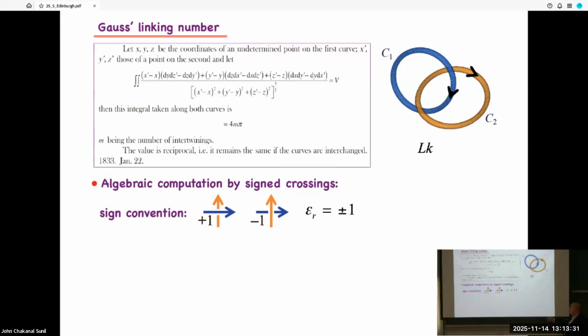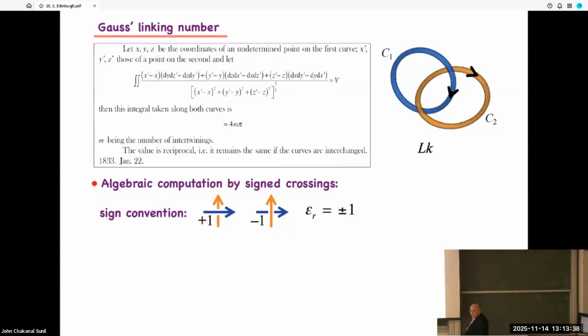You set a convention, plus or minus 1, according to the orientation of the curves, and then you can prove a formula that is very easy to use. The linking number is half of the sum of the signed crossings on the diagram.